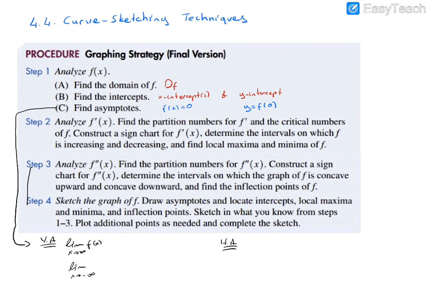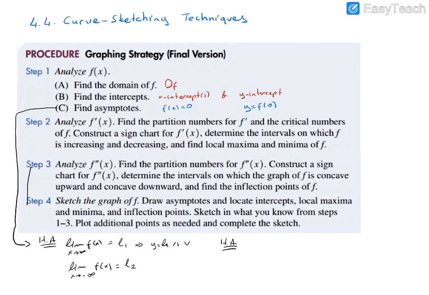If one of these limits goes to some constant number, let's say L1 and L2, this implies y equals L1 is a horizontal asymptote.